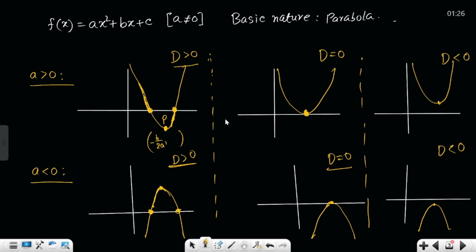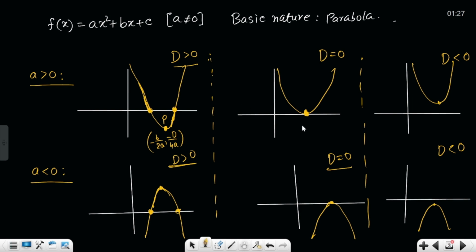Clear? And what will be the y coordinate? What will be the y value? That will be the maximum or minimum value itself. So for a greater than 0, the minimum value of a quadratic function is minus d by 4a.